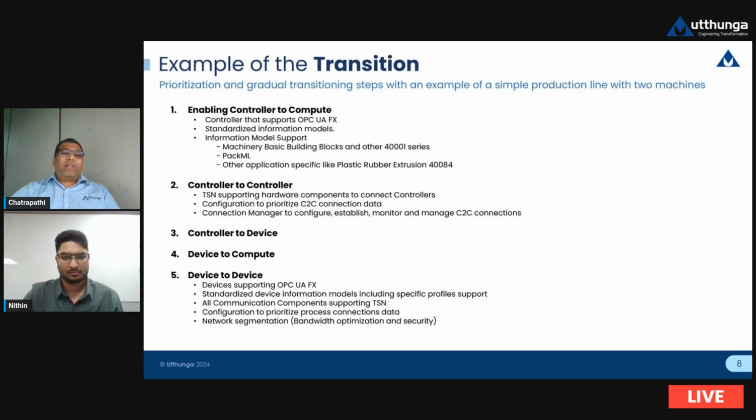This is again, going forward in the subsequent webinars, we will cover a little more deeply technically, if you are an OEM who is trying to implement OPC UA FX as part of your offerings, let's say starting with any controller, what are the approaches, what are the considerations that need to be taken care of, hardware considerations, platform considerations, different stacks that are available.